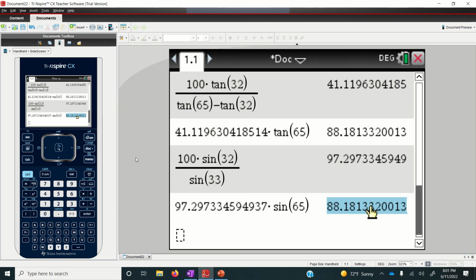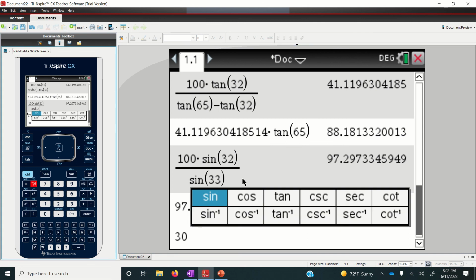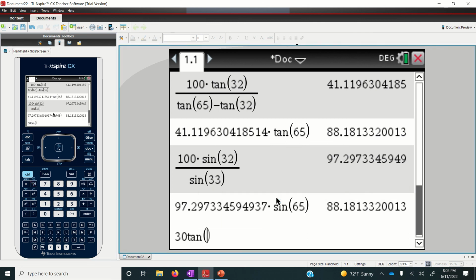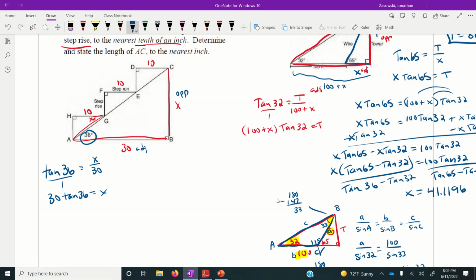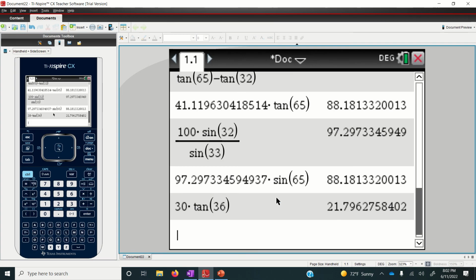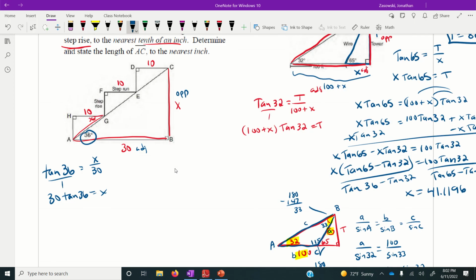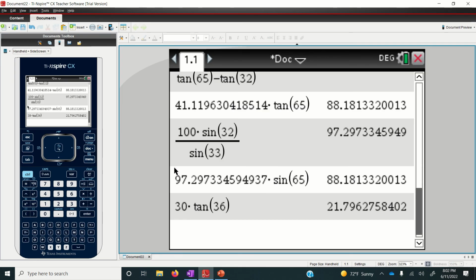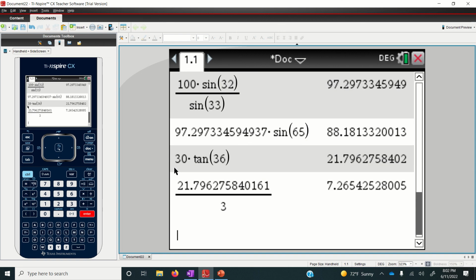And then we're going to grab our calculator, do 30, trig, choose tangent, 36. And we're going to get 21.7963 is x.